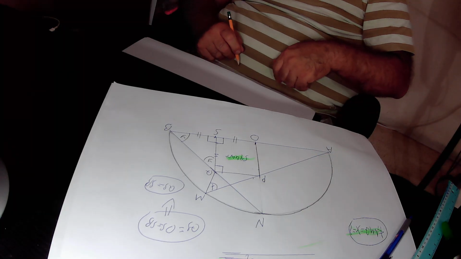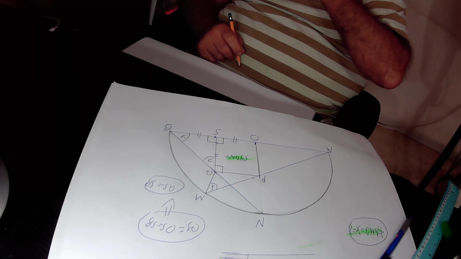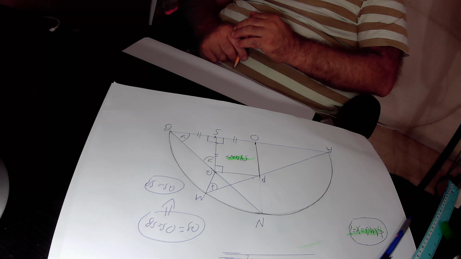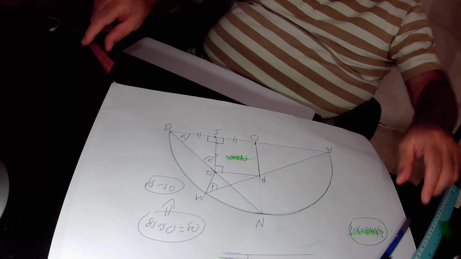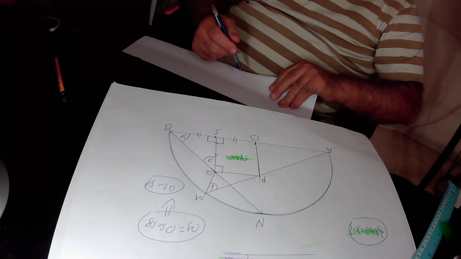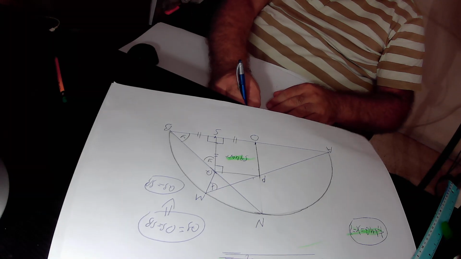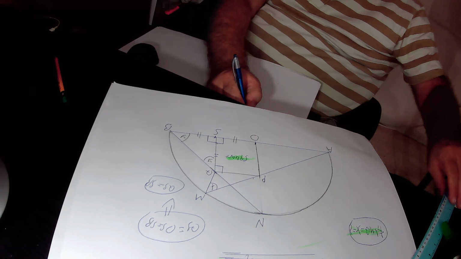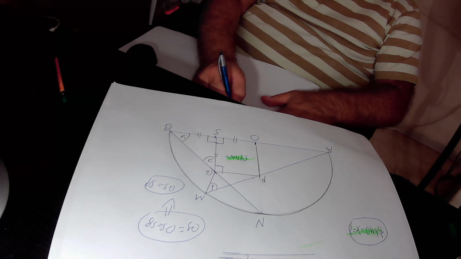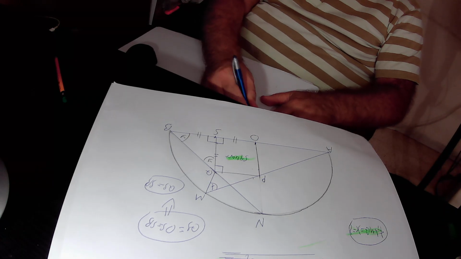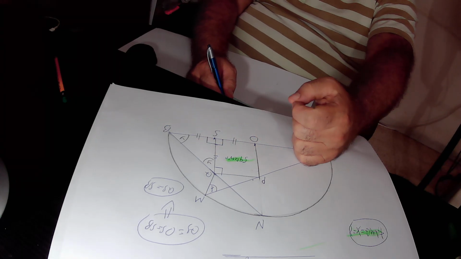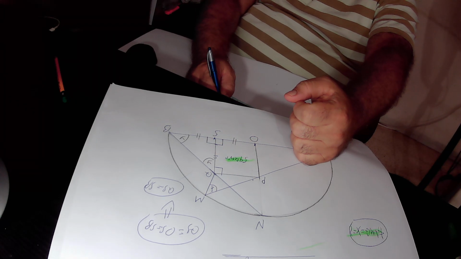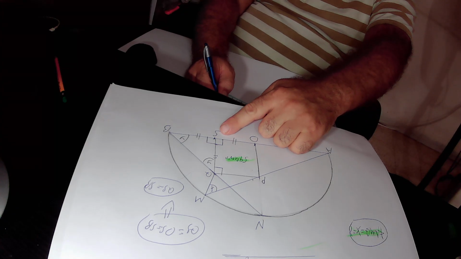We also know that the sum of the angles in any triangle is equal to 180 degrees. So which angles do we have in the right triangle QSB? We have y plus y is 2y, plus this angle that is the right angle.